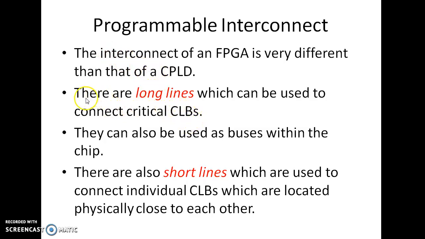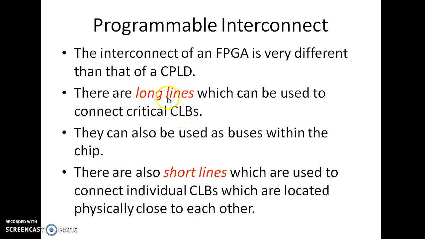So of course there would be some long lines which can be used to connect critical CLBs, that is configuration logic blocks, and there would be some short lines which are used to connect individual CLBs which are very close to each other. So it is a direct concept, right?